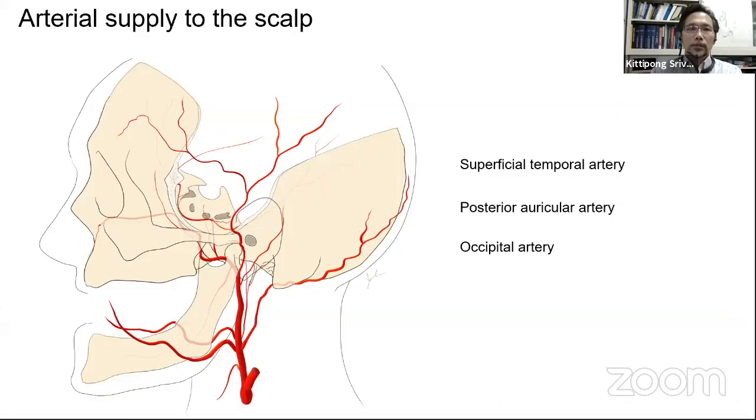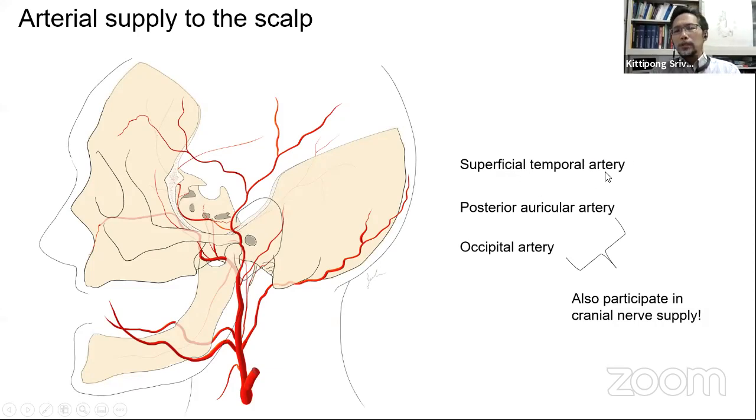Okay, and the supply to the scalp is not very difficult. There are mainly 3 vessels that go to the skin here, but it's important to know, as I've told you, that the superficial temporal artery can connect to the ophthalmic artery, so there's some risk that you can penetrate your materials into the ophthalmic artery.